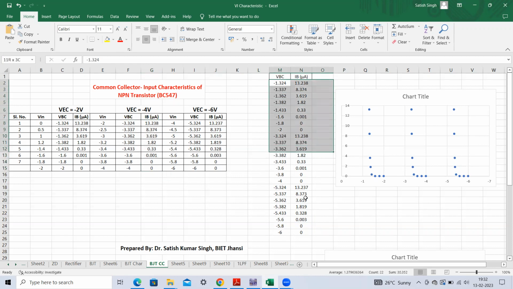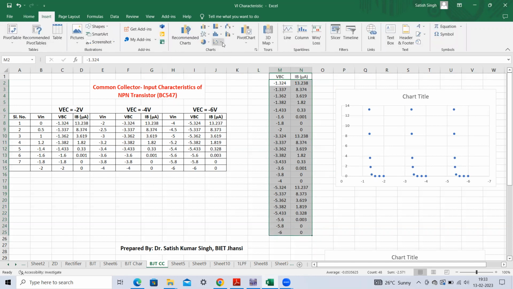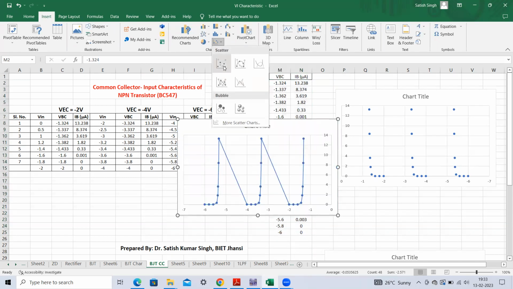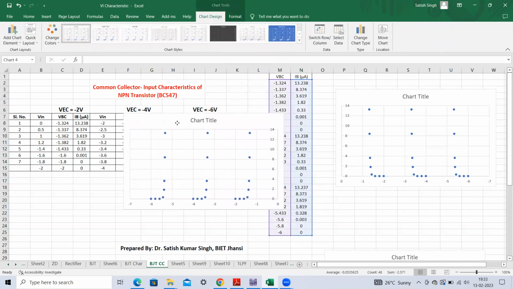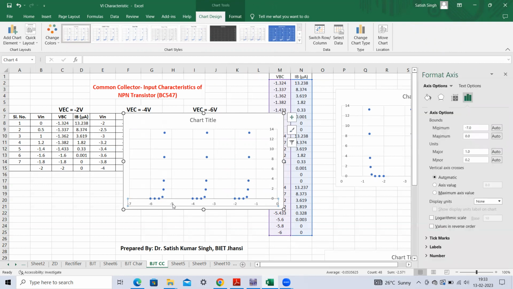So what you do, just simply select these two data. Then you go to Insert, and here you can find this particular curve. This way you can plot this scatter plot. Here you can see that this is our negative axis. If you wish, you can reverse the scale.